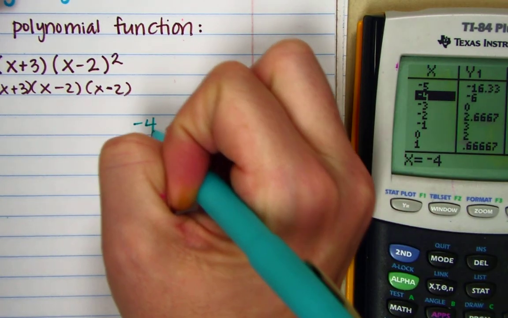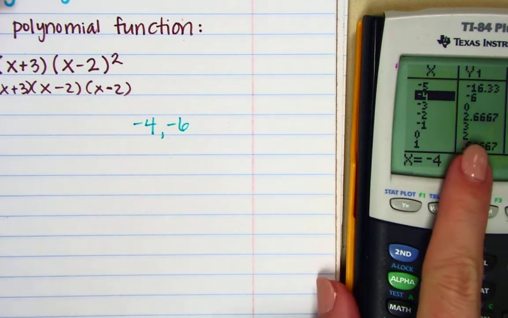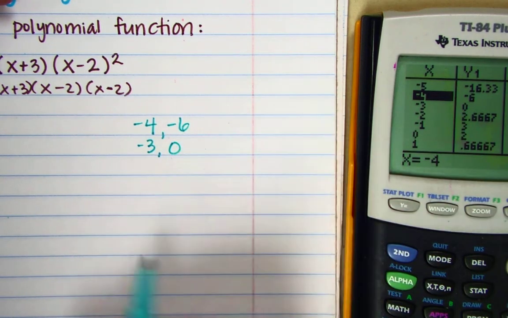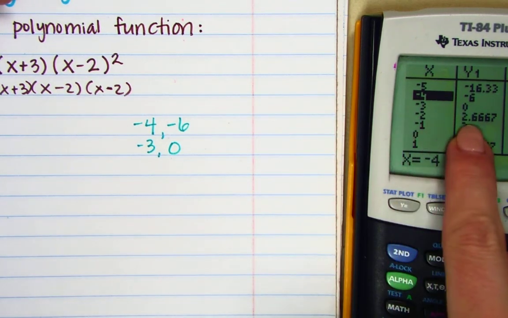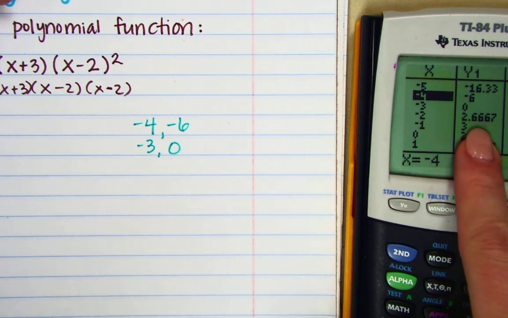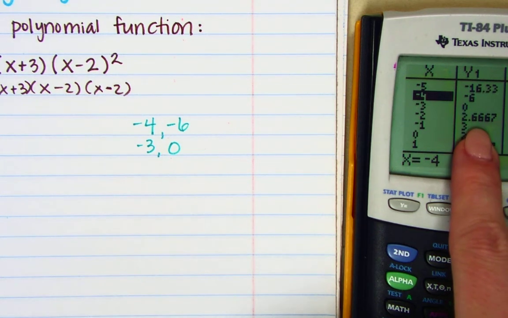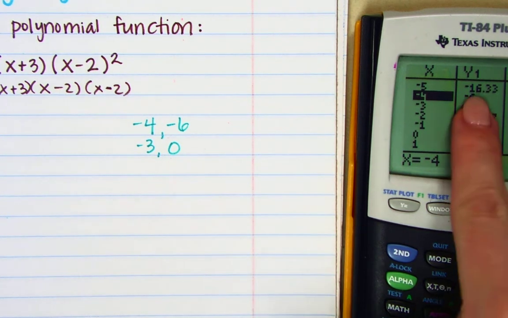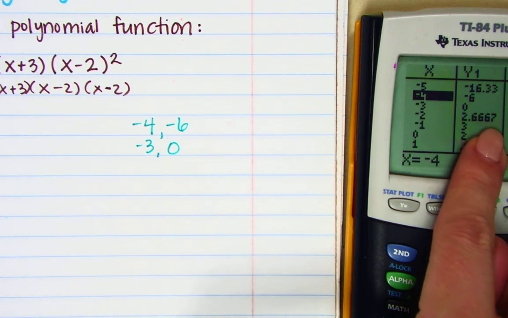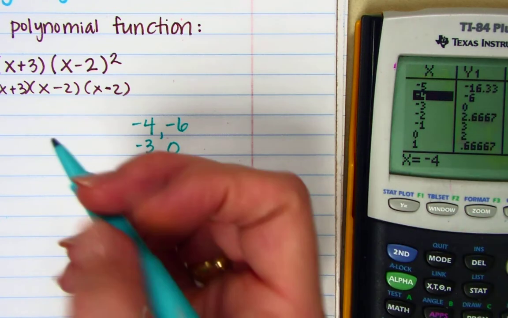-4, -6. Then I'm going to do -3, 0. I can skip -2 because it's 2.667. We can skip the ones with decimals unless we absolutely have to use them, but there are enough other ones. Unless it's like 1.5, it's easy to plot; if it's a decimal that's not that easy, we can just skip it.